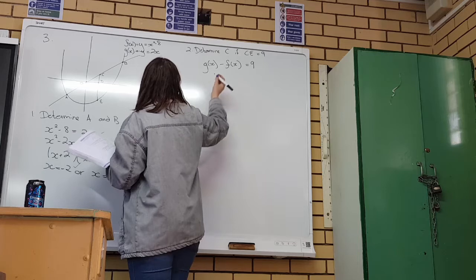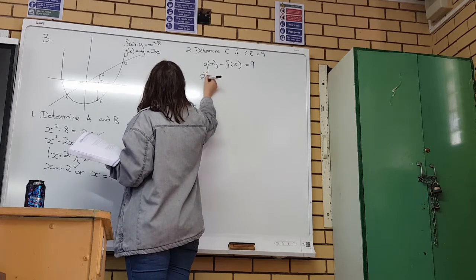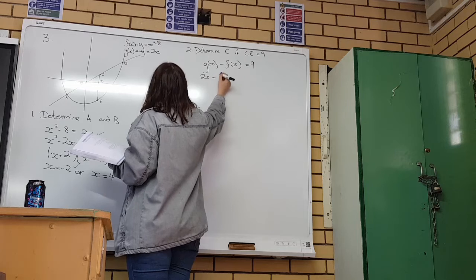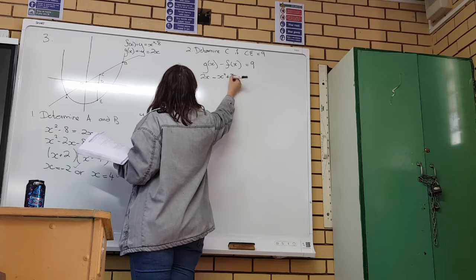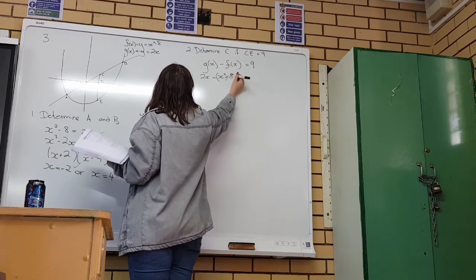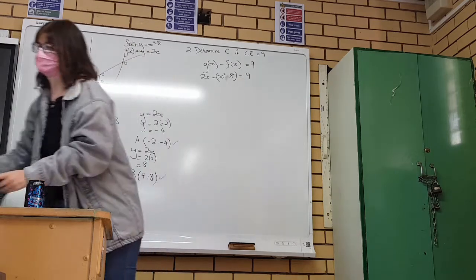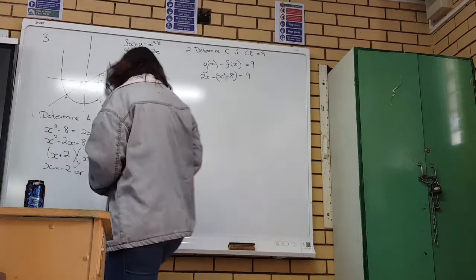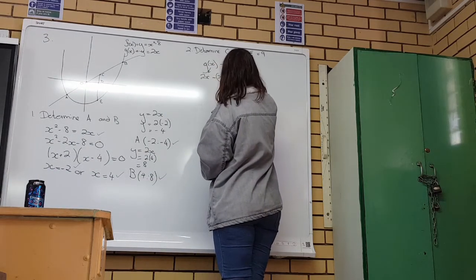So now let me form my equations. I'll say g(x) is 2x, minus x squared minus 8, equals 9. So you see here, I've just plugged in these two equations. Here's the one equation, here's the second equation.